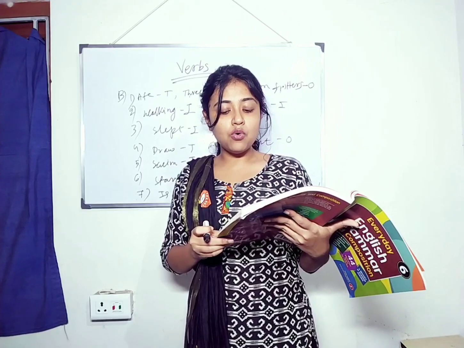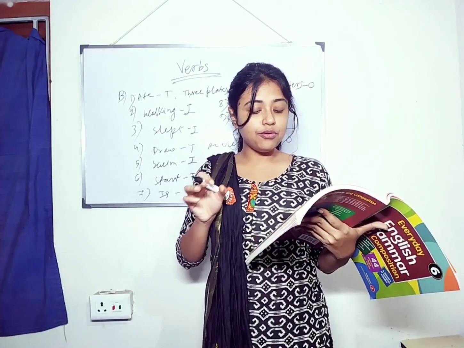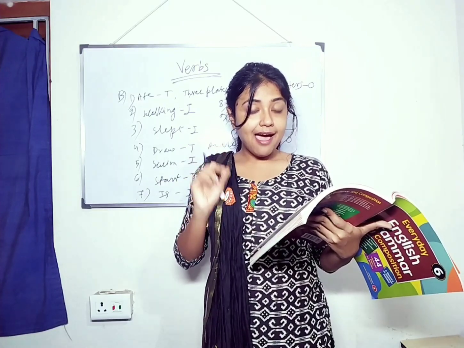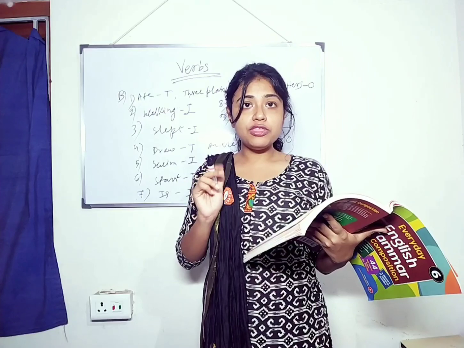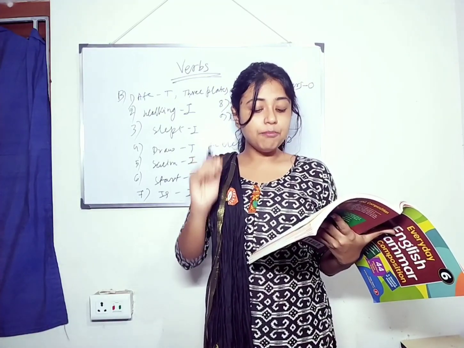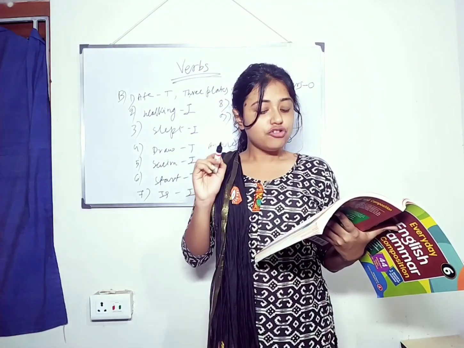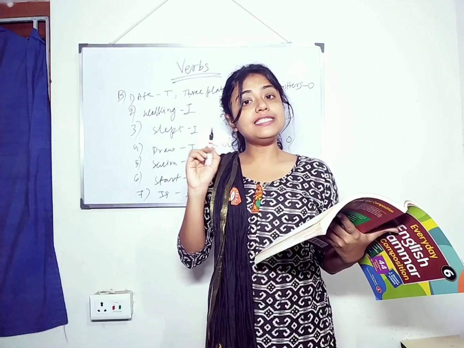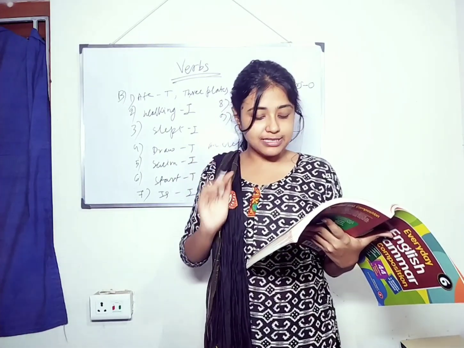Number 9. Jack fell down and broke his head. If you have a very minute look, you will find both verbs here. First is fell down and another is broke. For the first one, we don't have any object, so that will be intransitive. For the second one, we have an object, so it will be transitive.